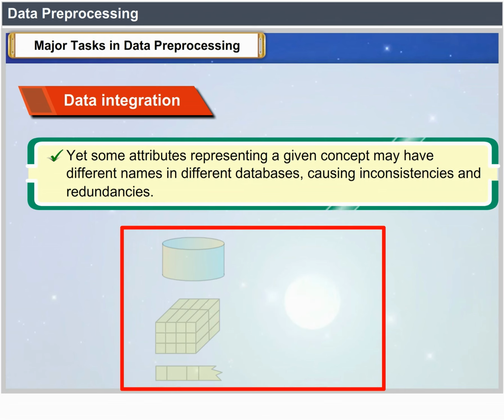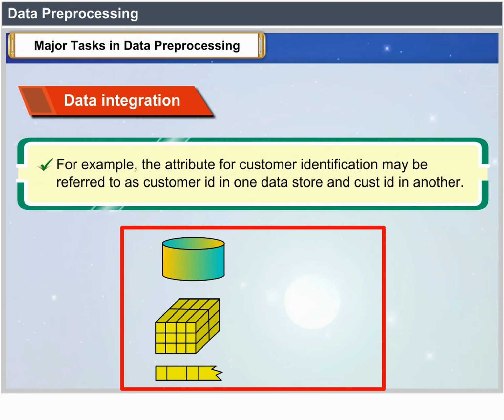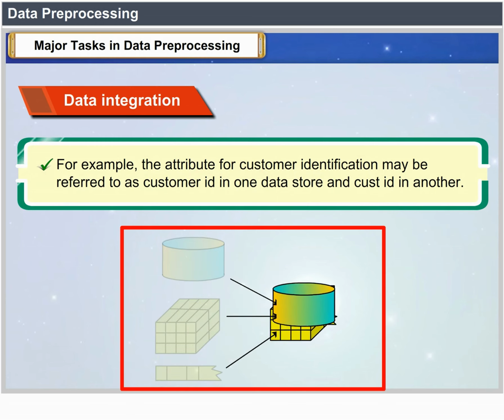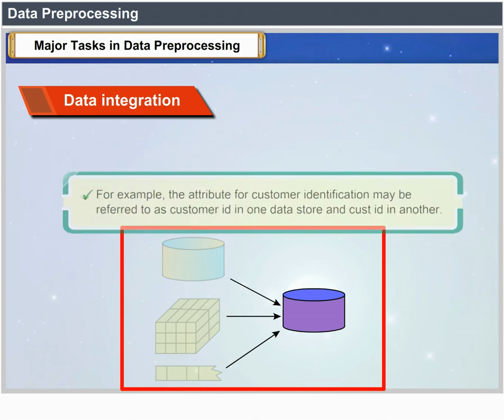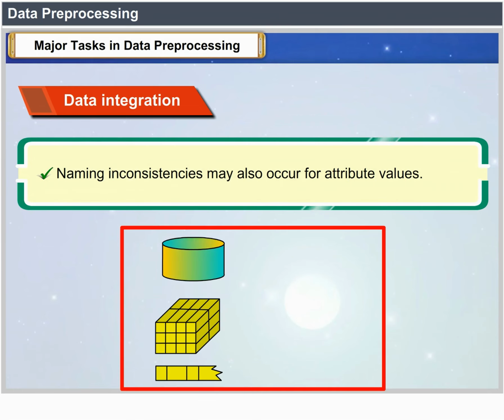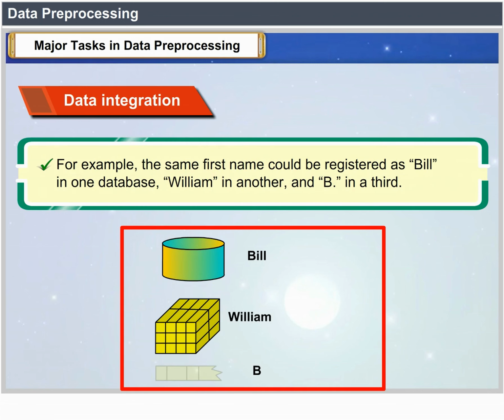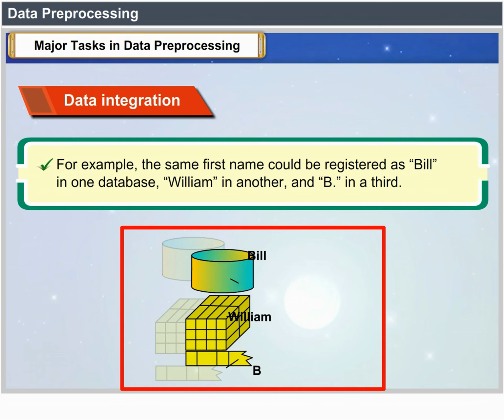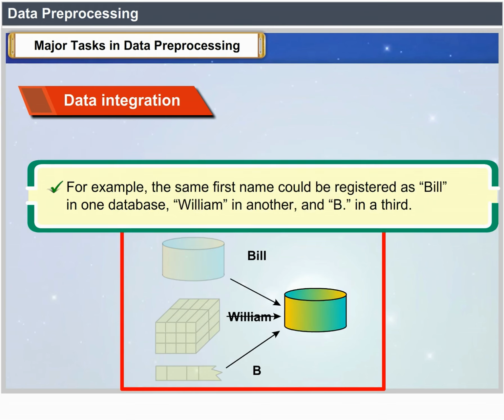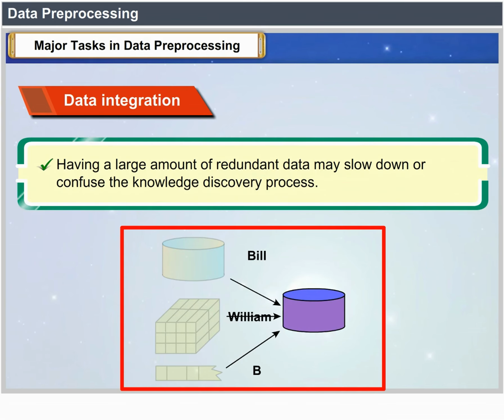For example, the attribute for customer identification may be referred to as customer ID in one data store and cust ID in another. Naming inconsistencies may also occur for attribute values. For example, the same first name could be registered as Bill in one database, William in another, and B in a third. Having a large amount of redundant data may slow down or confuse the knowledge discovery process.